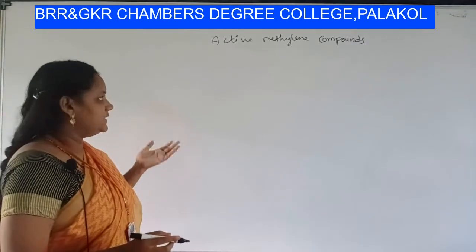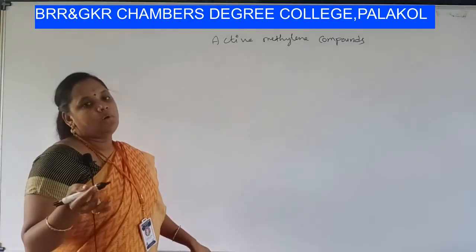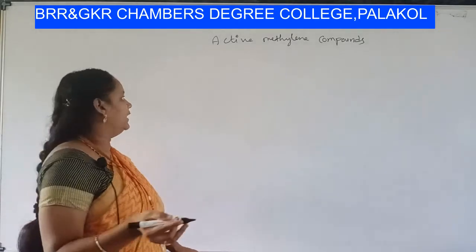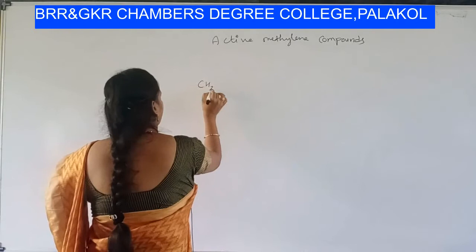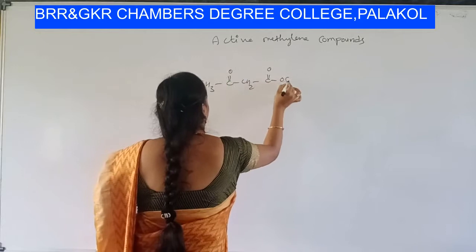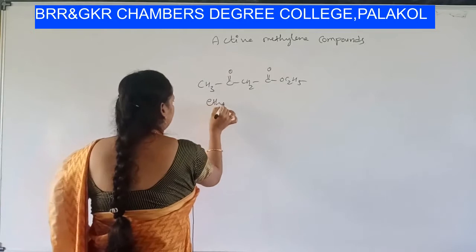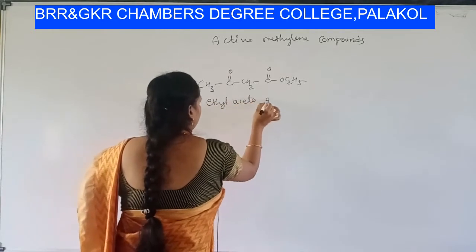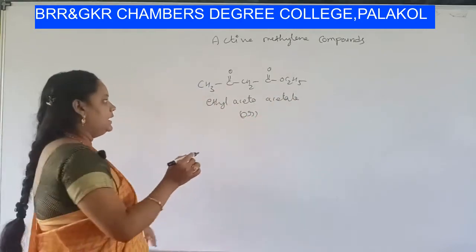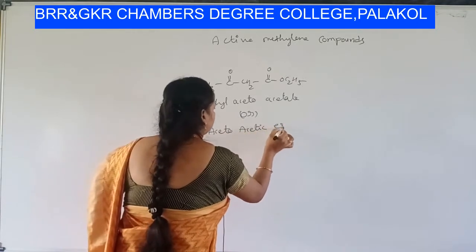Okay students, in this session we will discuss the preparation and properties of one of the active methylene compounds which is prescribed in your chapter. That is ethyl acetoacetate, or acetoacetic ester.